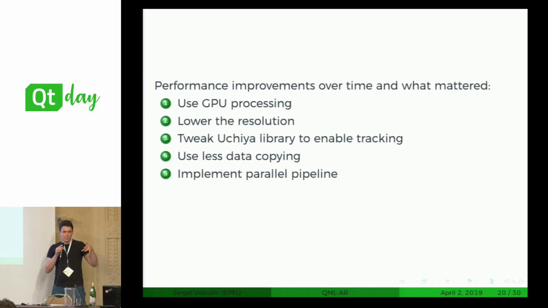Also tweak the hyperparameters of the library, and use the Qt primitives because they really help with not writing a lot of boilerplate code and just writing, for example, one Qt concurrent run, which would speed things up.